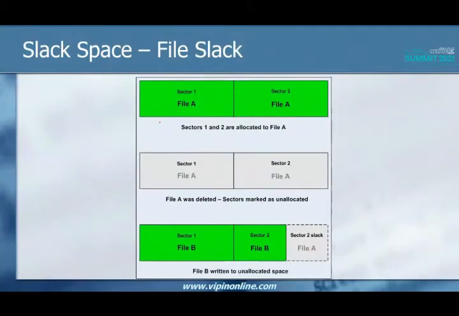I'll explain it with a simple example. Consider this as a hard disk. There is a file named file A that consumes 2 sectors, sector 1 and sector 2. Then file A was deleted, so the sectors are marked as unallocated, and the content of those sectors is left as such. When a new file B comes, it consumes the first sector completely, but the second sector only partially.